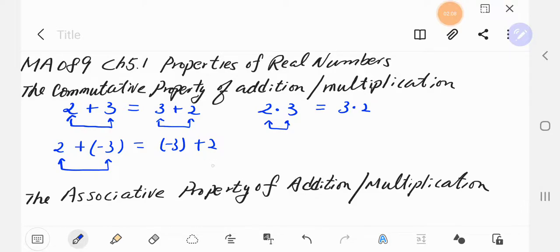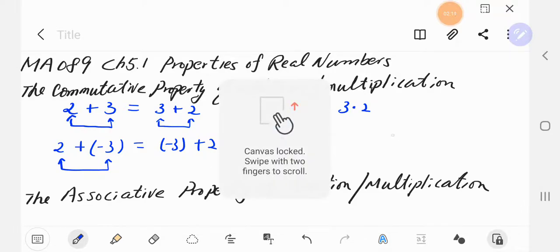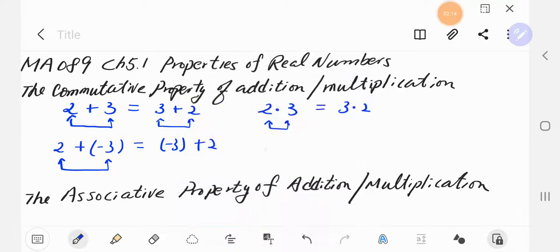Still we have the same answer, negative 1. How about this? Negative 2 times 3 is negative 6. But still we can switch these two numbers, so 3 times negative 2 is still negative 6. Same, right? So whenever there is a plus, you can switch.